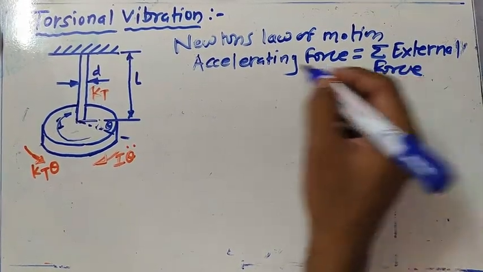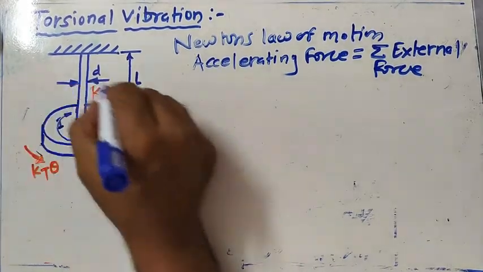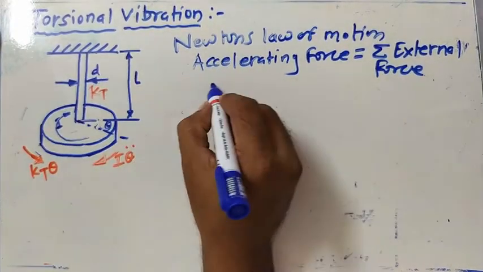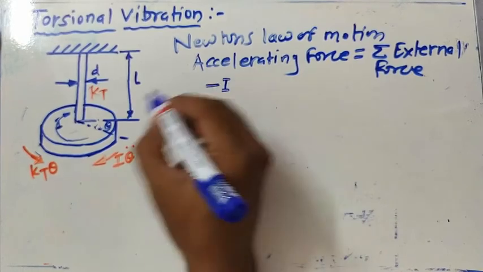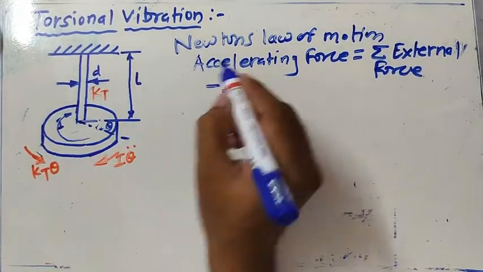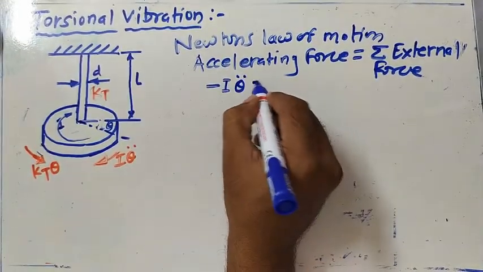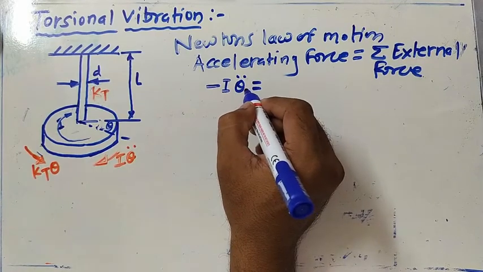In this case, the accelerating force is in terms of inertia force. It will move about this point in the clockwise direction, that's why the minus sign is given: minus I into theta double dot.